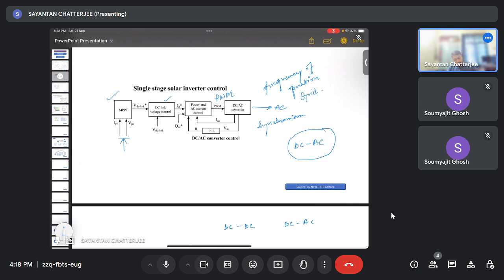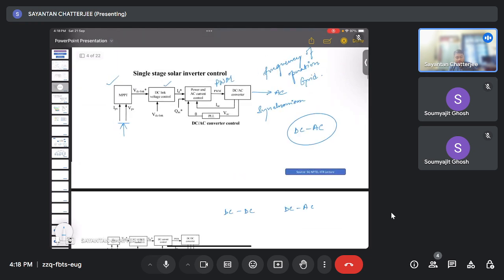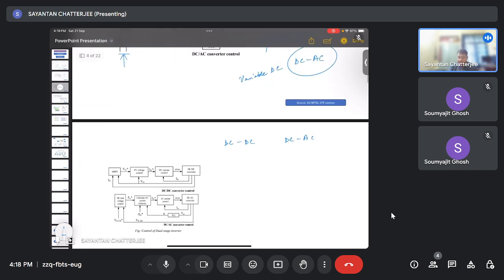So the variable power output, or the variable DC that we obtain from the solar panels, needs to be directly converted to AC with the variability in place.